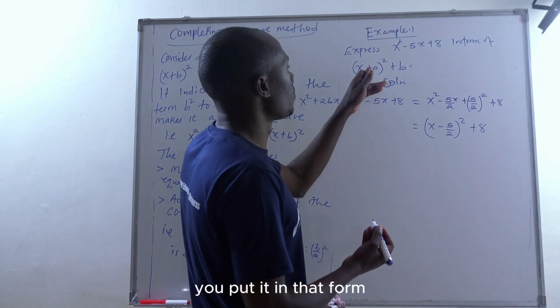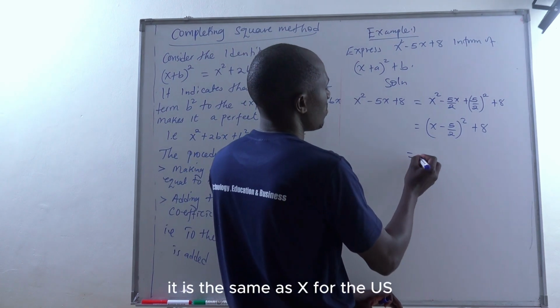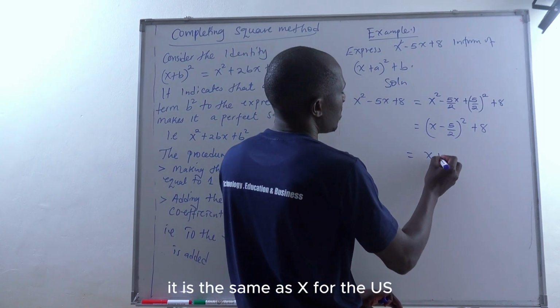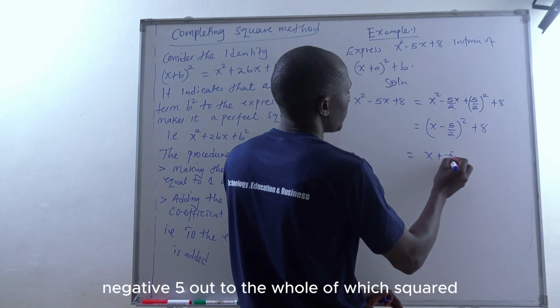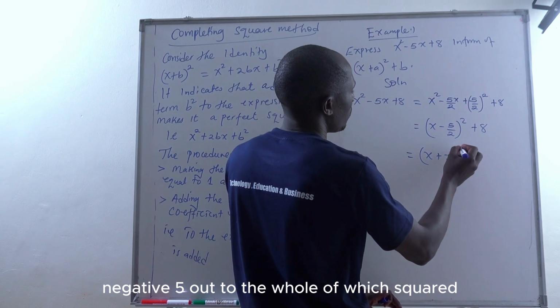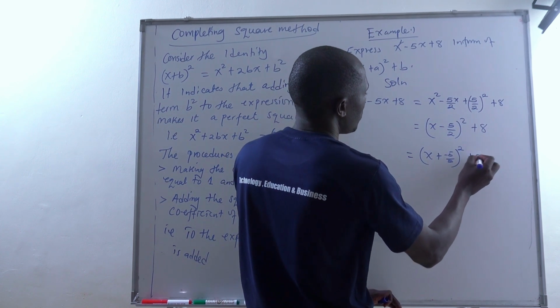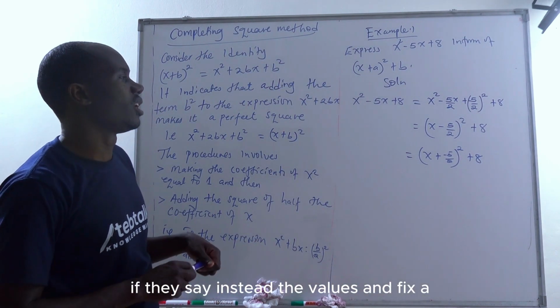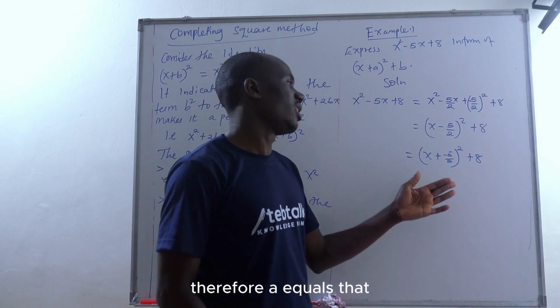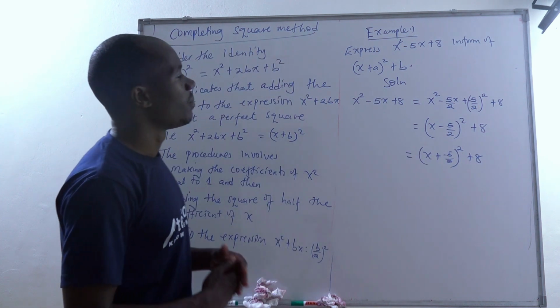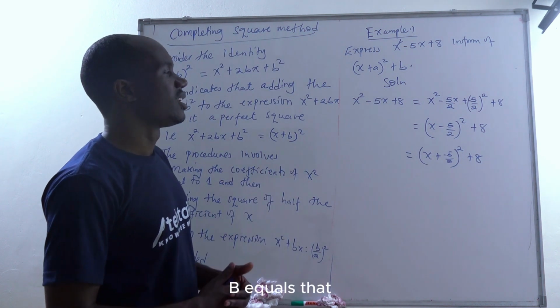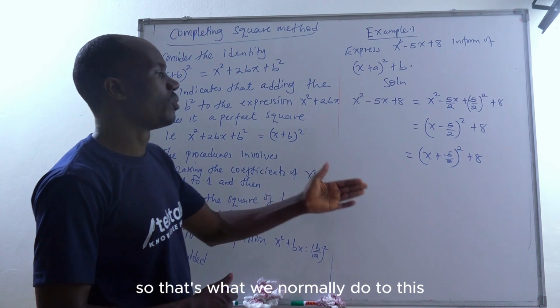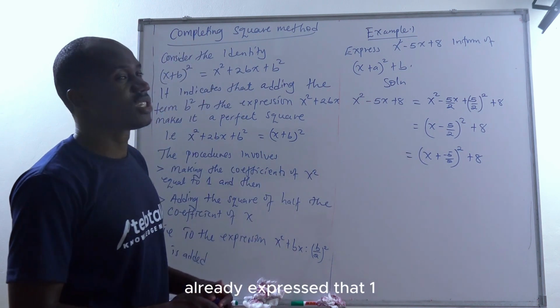Since we put it in that form, it is the same as (x plus negative 5 out of 2) squared, then plus 8. If they say, hence state the values, I'm free to say, therefore, a equals that, b equals that. So that's what we normally do. So I've already expressed that one.